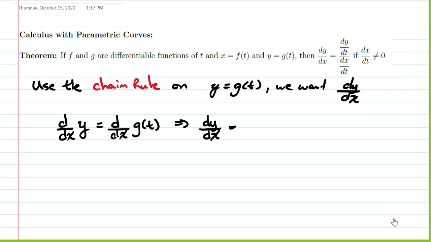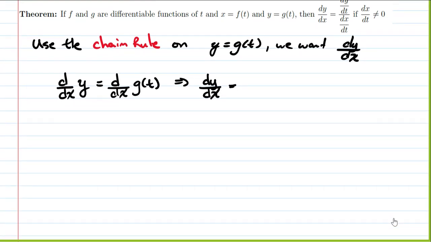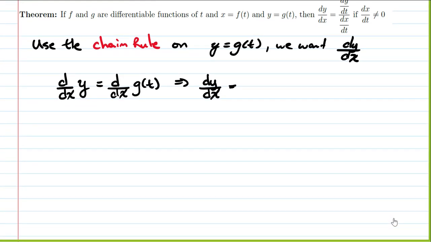But here's where we need the chain rule. We're differentiating g, which is a function of t, with respect to x. So then t is going to be some function of x in this case. So then we're going to have dg/dt times dt/dx.